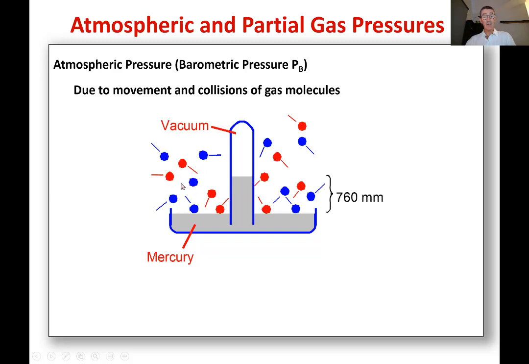And there's enough pressure created by those air molecules to move mercury 760 millimeters up an evacuated cylinder. Doesn't matter how big the cylinder is, how wide it is, how narrow it is, there's enough force to push mercury 760 millimeters up there. So that's why we say the barometric pressure is 760 millimeters of mercury.